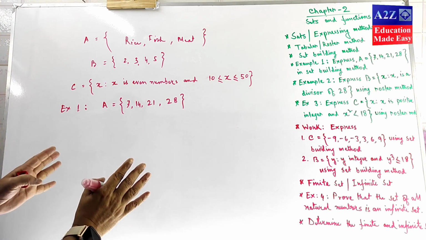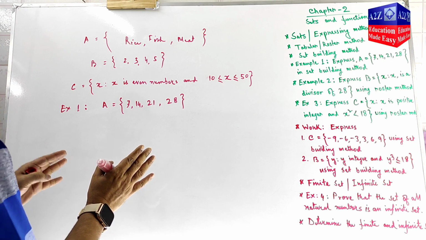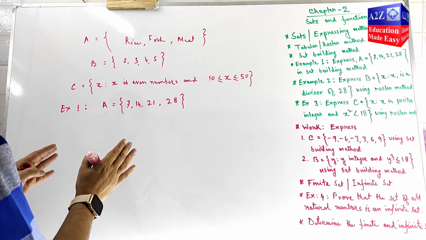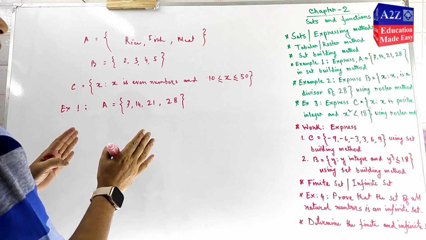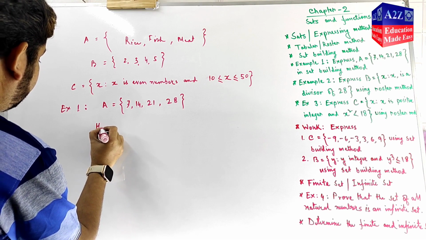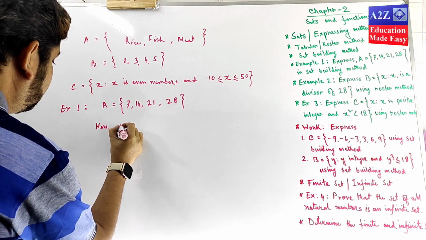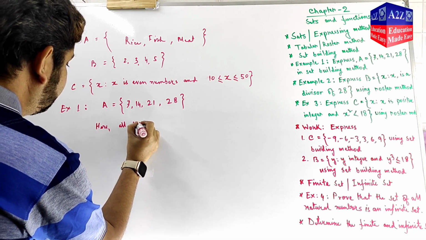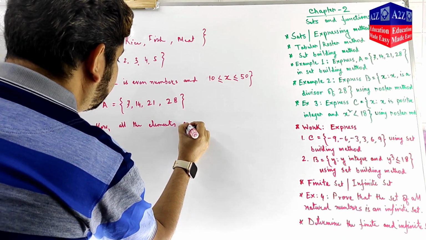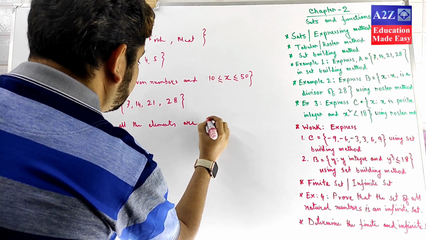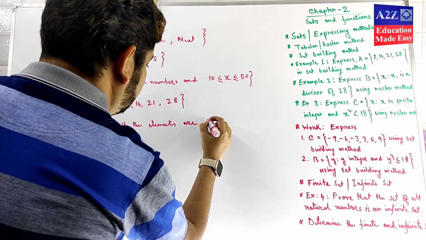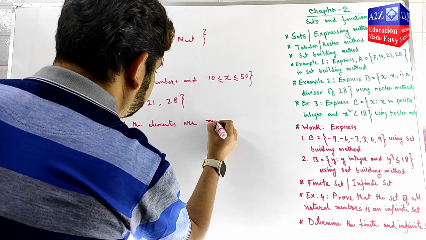So these are the two properties, and you can now prepare the set in set builder method very easily, because you have already found the common properties. So what we can write here: all the elements 7, 14, 21, 28 are multiples of 7.